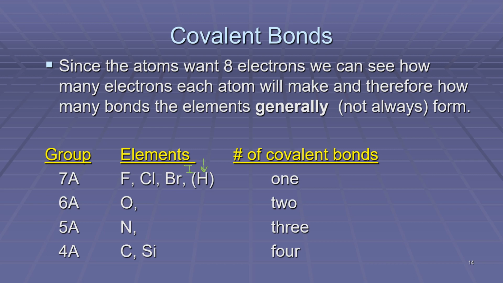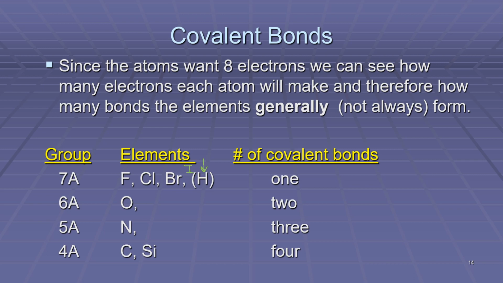They already have 7 electrons, so they tend to only make 1 bond. Now, it's not absolutely true. You'll see there'll be a few where they make more bonds, but if you're kind of confused and not sure what to do, generally speaking, they like to make 1 bond. If they happen to be a center atom, we'll see a few examples.